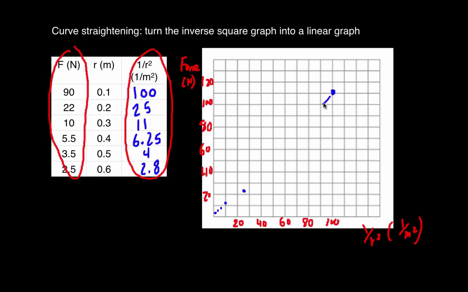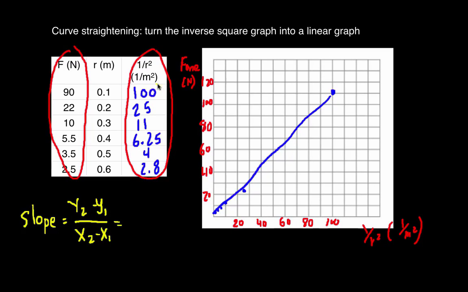Connecting the points as a best fit line gives us our linear graph, and we can calculate the slope of this linear graph using the slope formula. Slope equals y2 minus y1 over x2 minus x1.